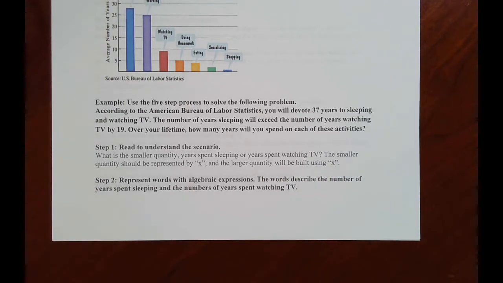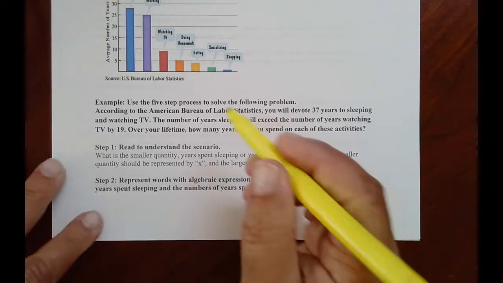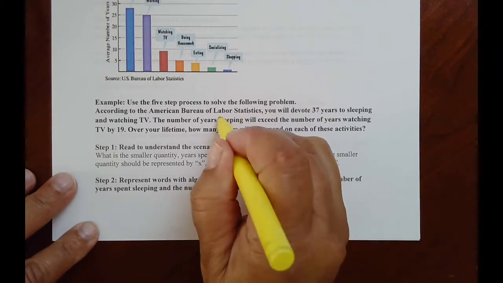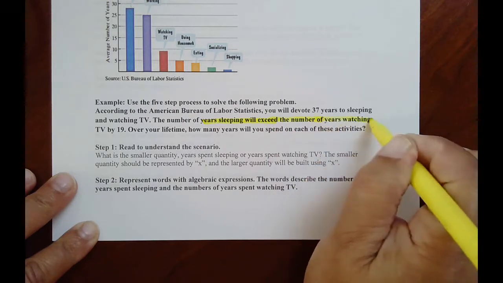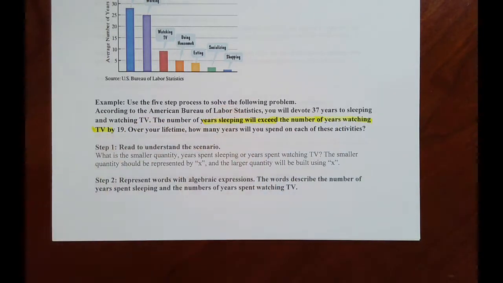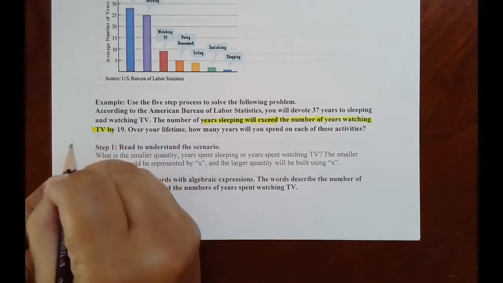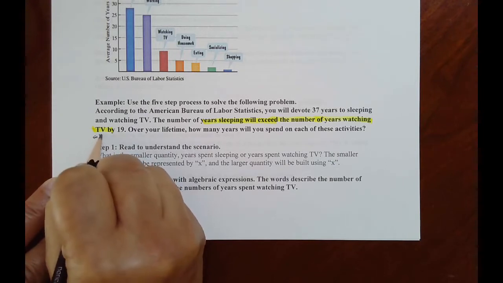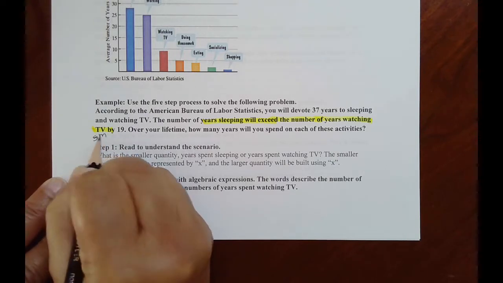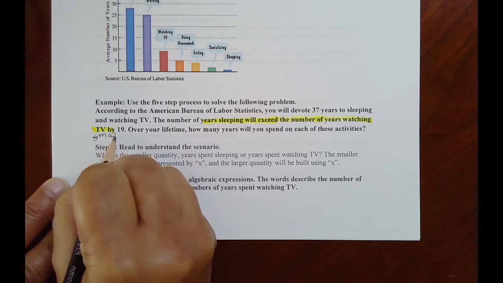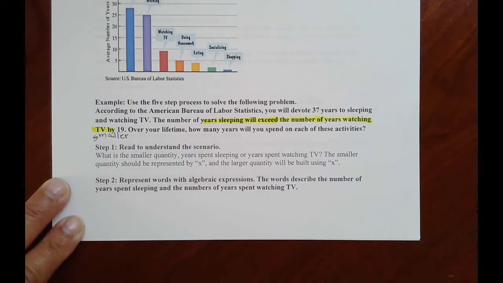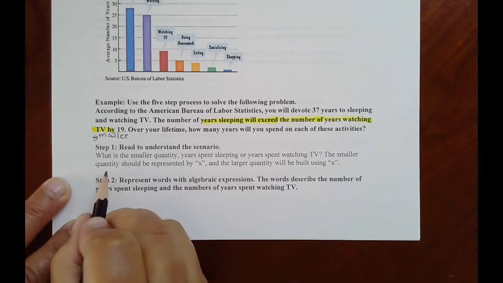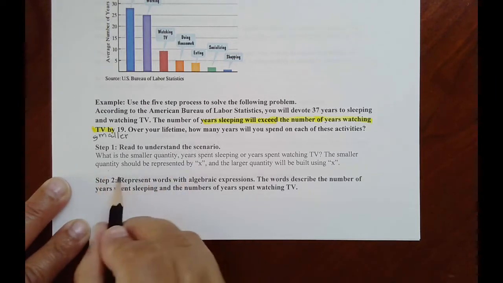Okay, so once again, number of years sleeping will exceed the number of years watching TV. So this is the smaller quantity. Number of years watching TV. So in step 2, let's answer this question right here.